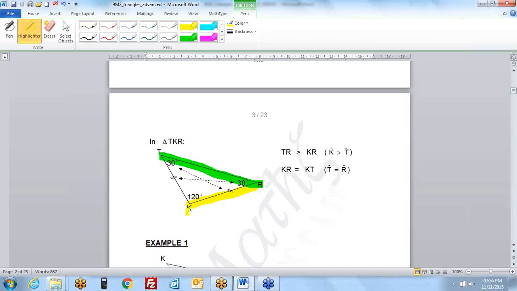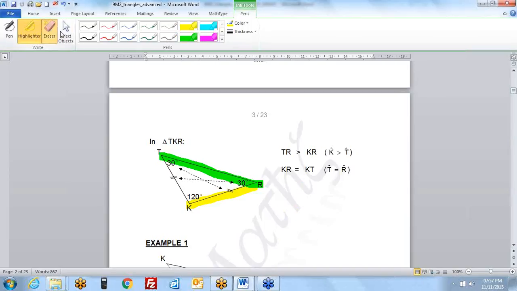And the side that's opposite angle K is TR, therefore TR is bigger than KR, and KR will therefore be the shortest side because it is opposite the smallest angle. In other words, angle T.